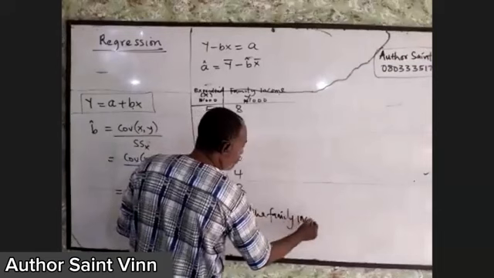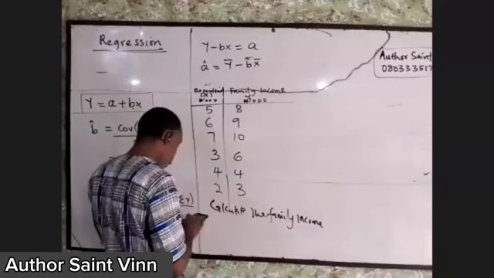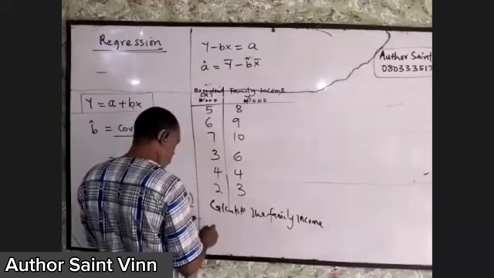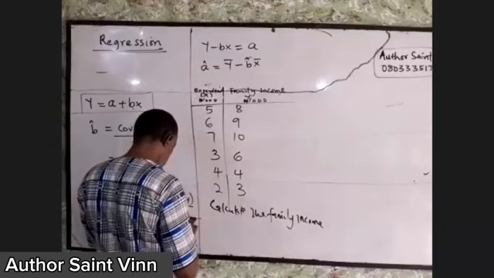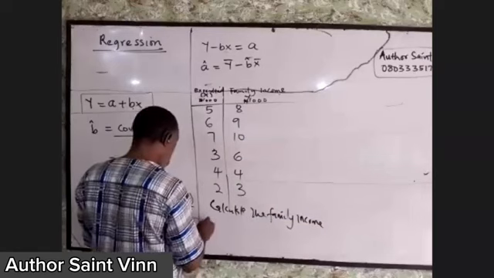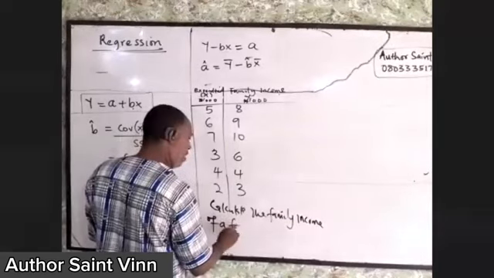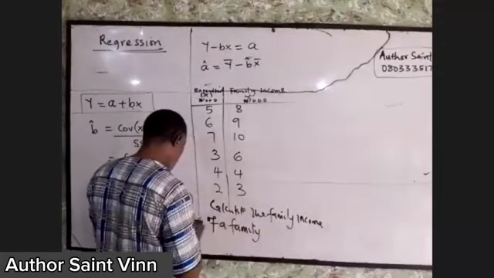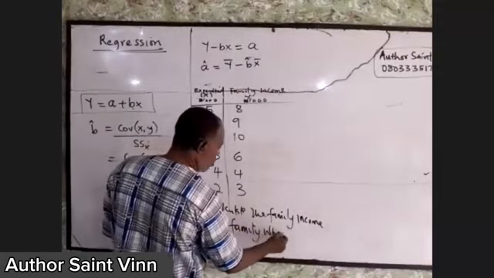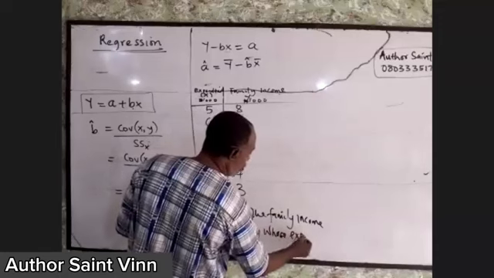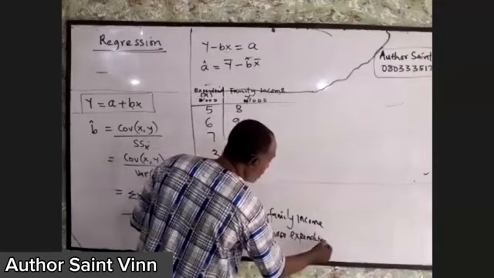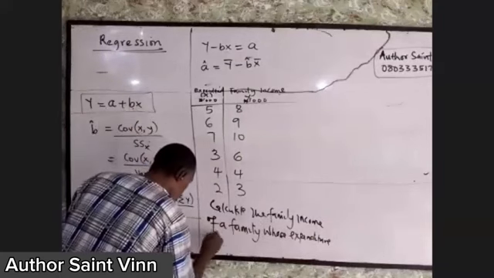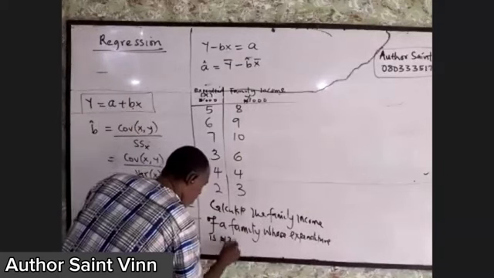Calculate the family income of a family whose expenditure is 3,500 naira.